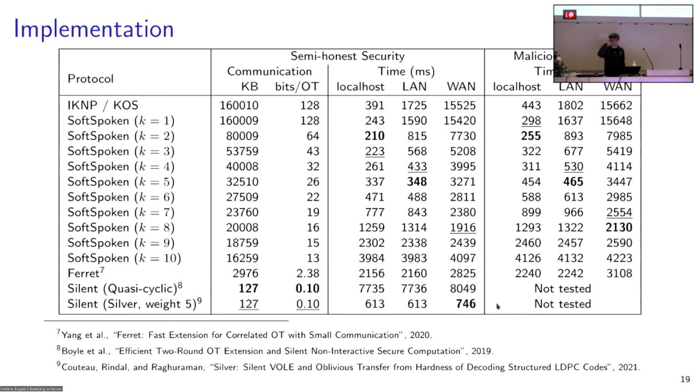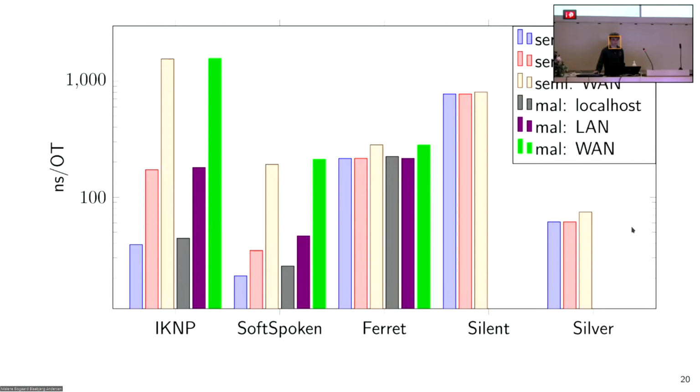And the overhead of the maliciously secure versions is low. Finally, if you prefer a visualization of these numbers, here's a chart showing the performance on a log scale of nanoseconds per OT. The SoftSpokenOT entries have been consolidated, choosing the best K for each. So thank you, that's my talk.